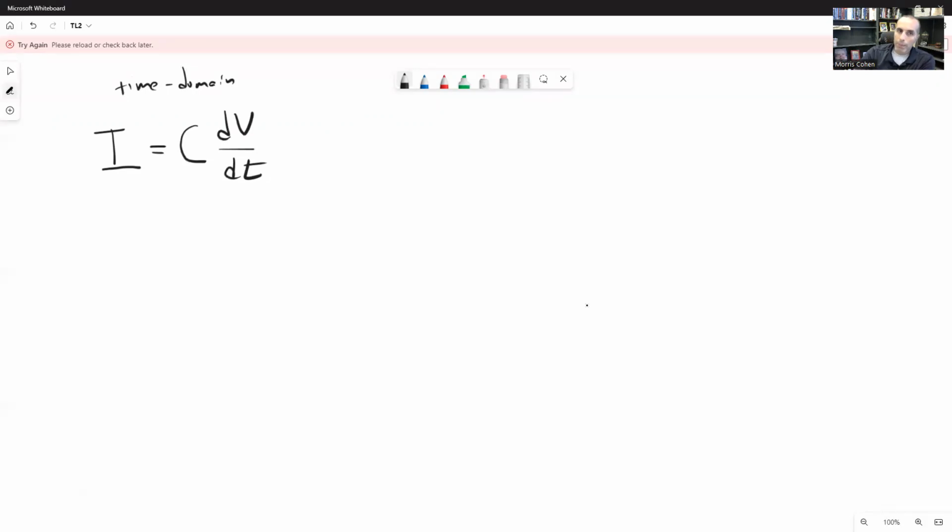All right, so in the phasor domain, the time derivative of something in the time domain equates to multiplying by j omega. If you go back to the definition of a phasor, V as a function of t equals the real part of the phasor value of V times e to the j omega t.